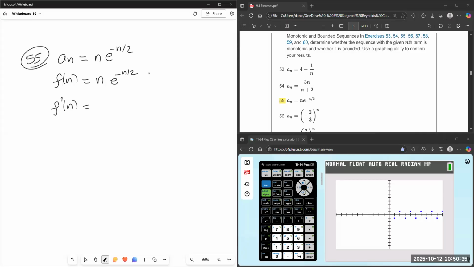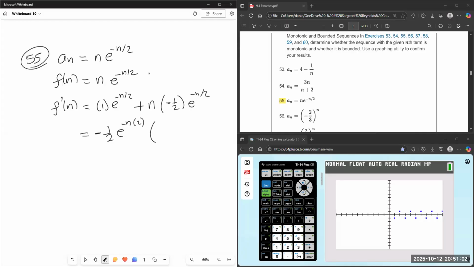But let's use the product rule here. So the derivative of the first part would be 1 times the second part plus, leave the first part alone, take the derivative of the second part. I'm going to factor out a -1/2 e to the -n over 2.